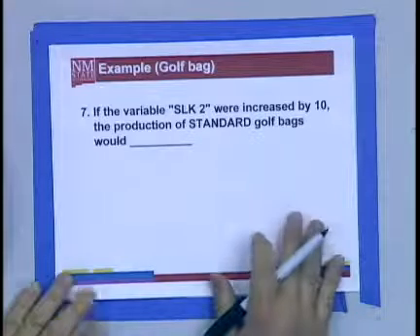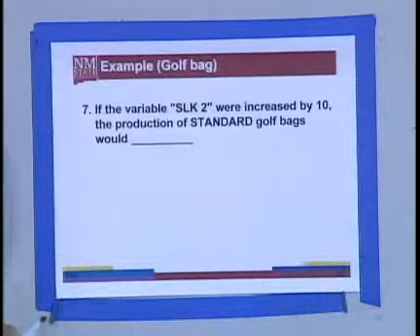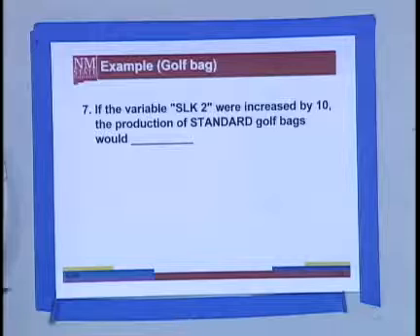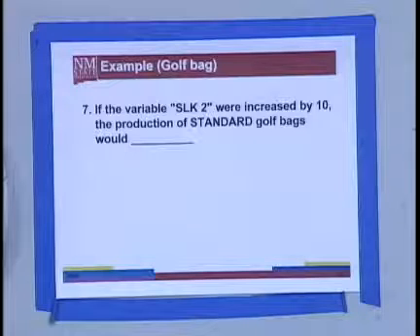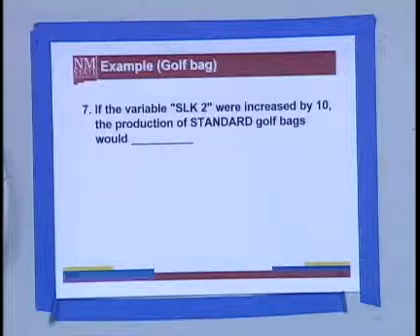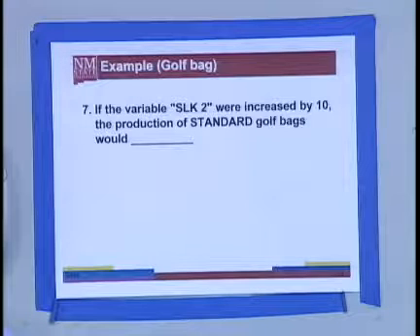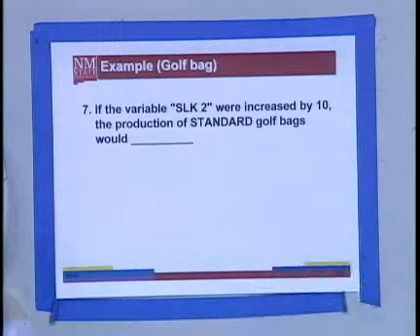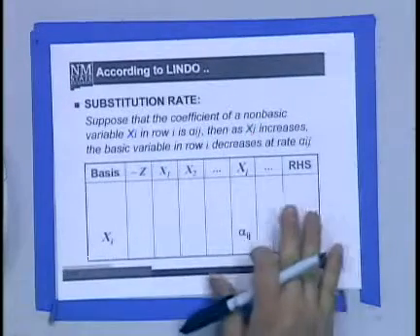Okay, what about number 7? If the variable slack 2 were increased by 10, what will be the effect on the production of standard golf bags per quarter? So, what information do you need to look at? Substitution rate. Excellent.